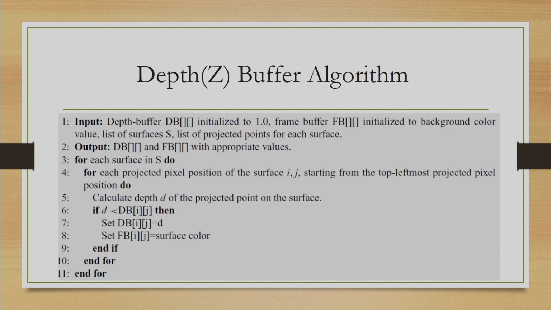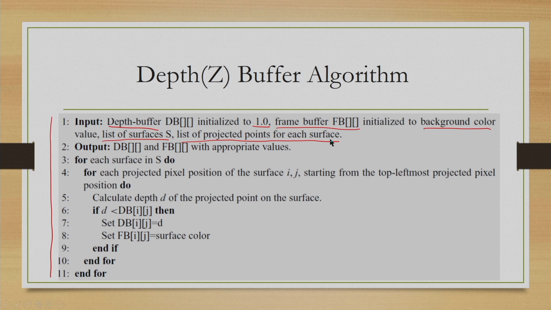Now, this is the depth buffer algorithm shown here. Input is the depth buffer, which is initialized to 1. Then we have the frame buffer, which is initialized to the background color, list of surfaces and list of projected points for each surface.